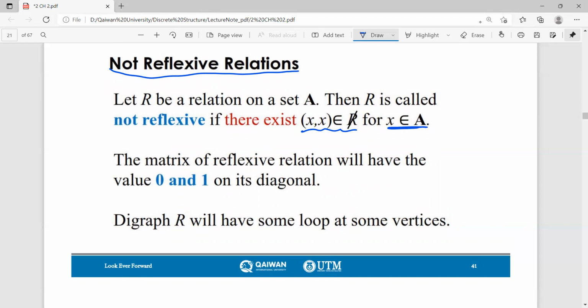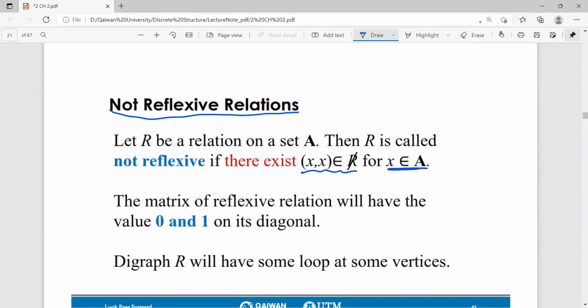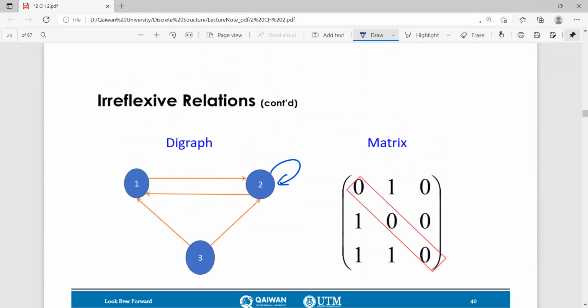I mean, you have no relation from the member to itself. For example, if you have this, we say this is not irreflexive, but it is not reflexive. It doesn't satisfy the condition for this one, but it satisfies the condition for not reflexive.